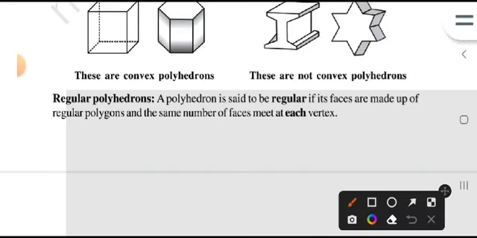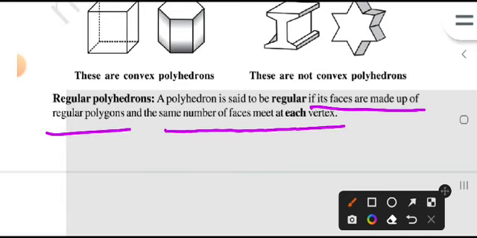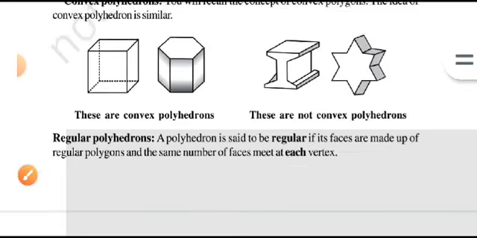A polyhedron is said to be regular if its faces are made up of regular polygons and the same number of faces meet at each vertex. On each vertex, the same number of faces should be there.